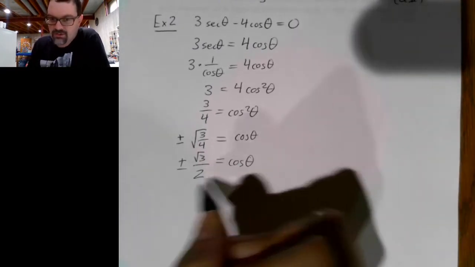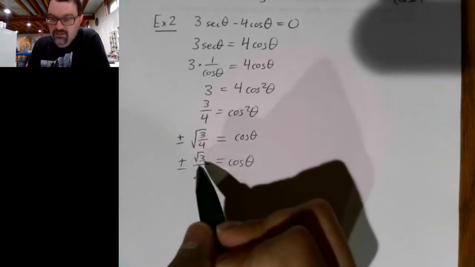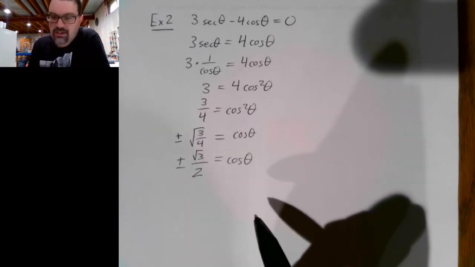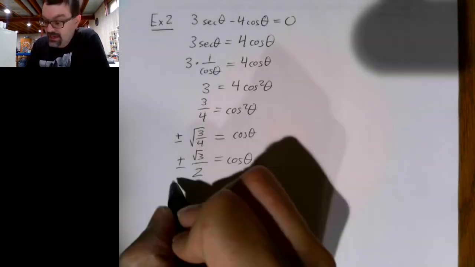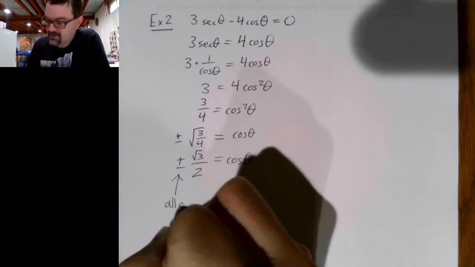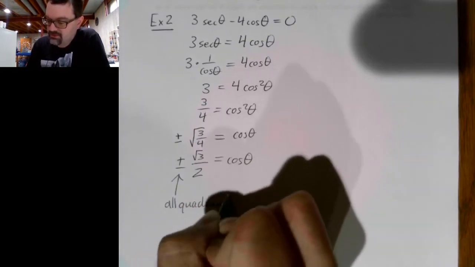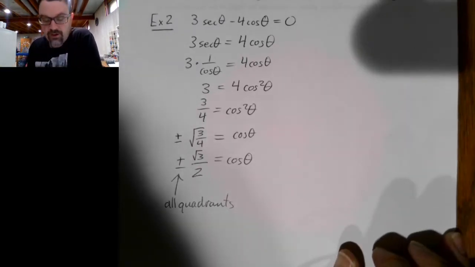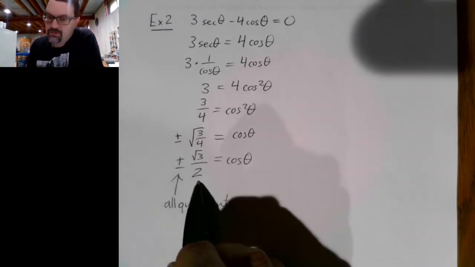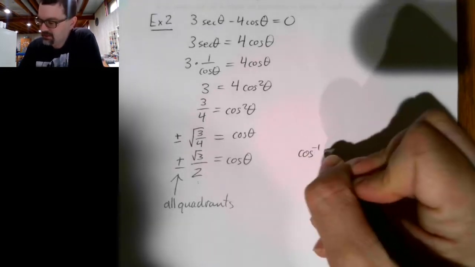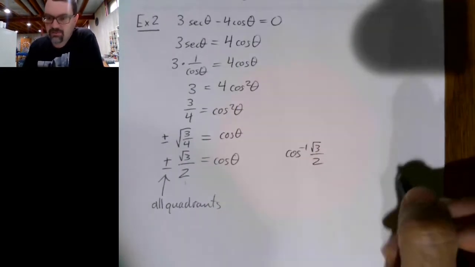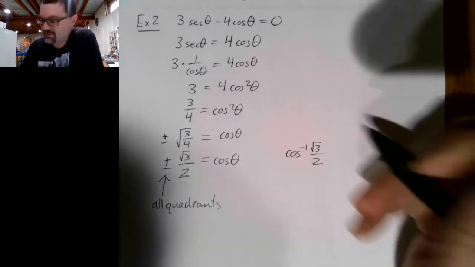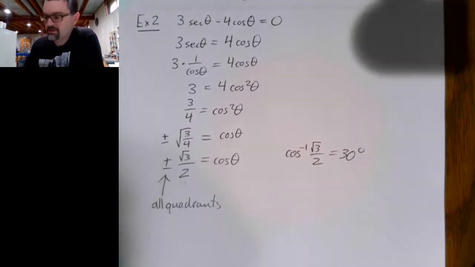We want cosine to be positive or negative this number, and that, of course, is one of our common trig values. And plus minus tells us all quadrants. Cosine is positive or negative in every quadrant. Now, being a common trig value, you could just go look it up on your unit circle. Otherwise, if you do inverse cosine of that number, so ignoring signs and just doing the positive version, you get 30 degrees.